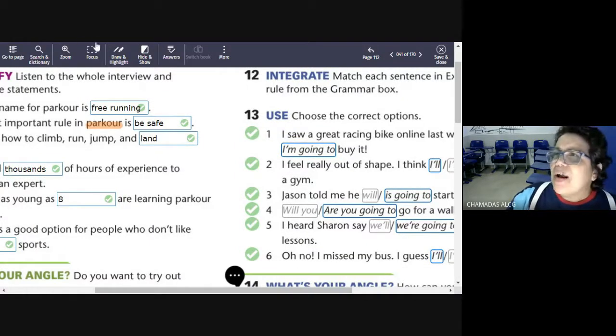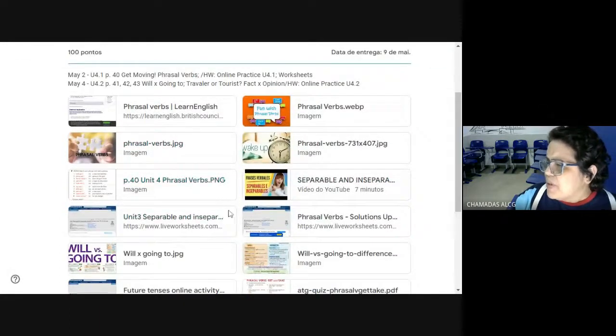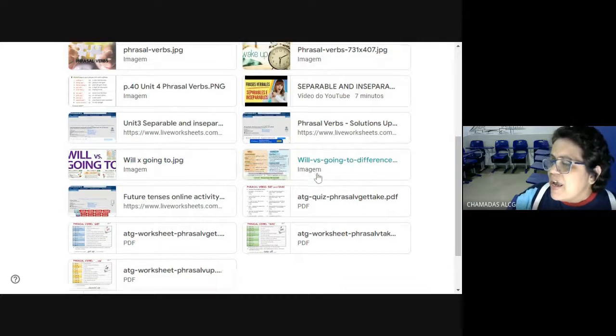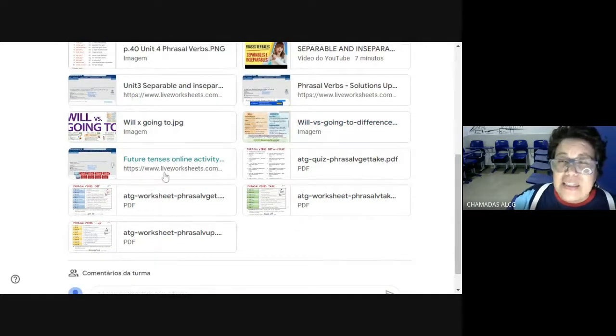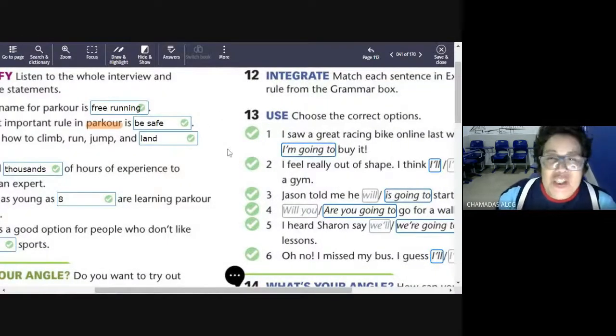There is more about it here on our page on Google Classroom. Here, look, there are some files showing the differences between will and going to, and there are some worksheets to practice. Okay? So back to our page, let's start the projects.